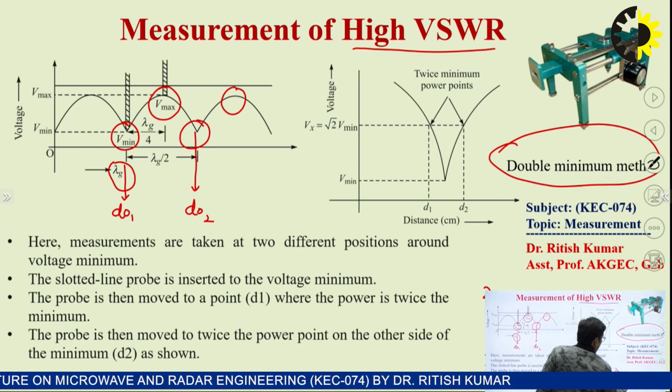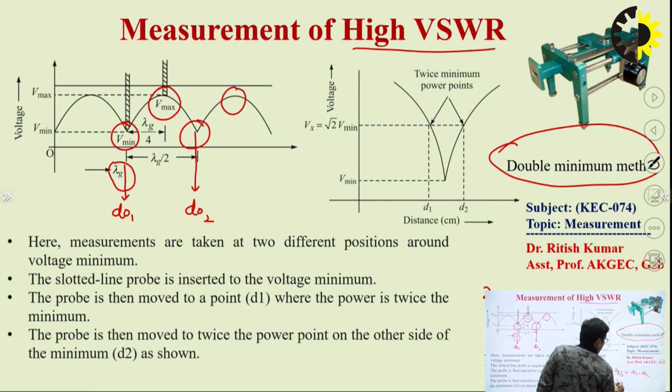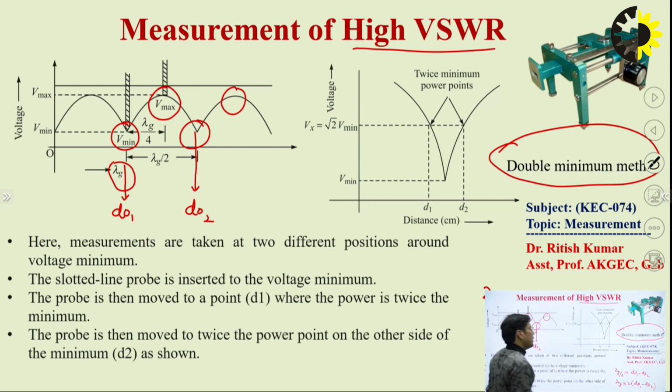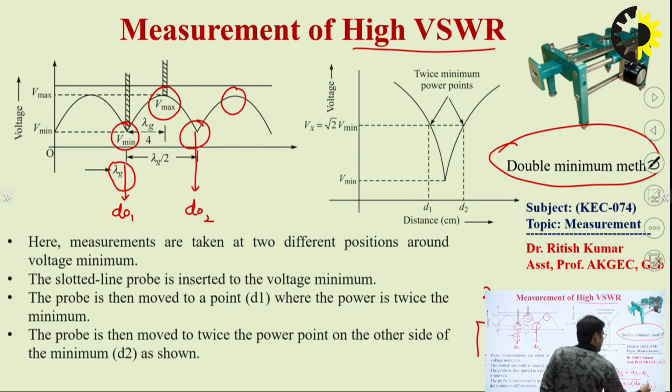So we can write lambda g by 2 equals d naught 1 minus d naught 2, and lambda g is equal to 2 times d naught 1 minus d naught 2, right. So this is the guided wavelength that we can calculate by using the separation of these two minima. Now what are d1 and d2 here, we will discuss a little later.